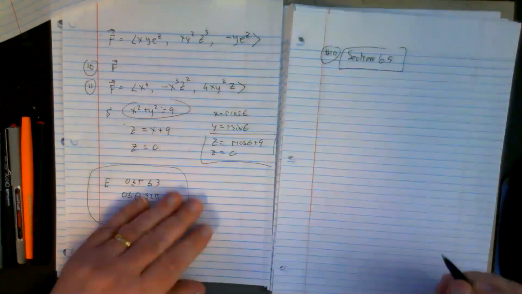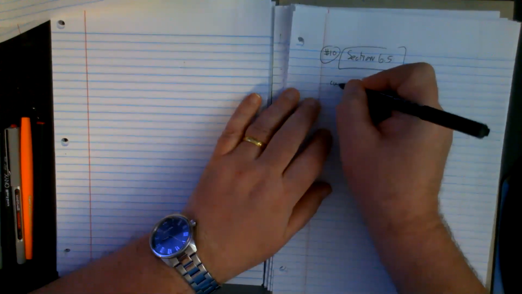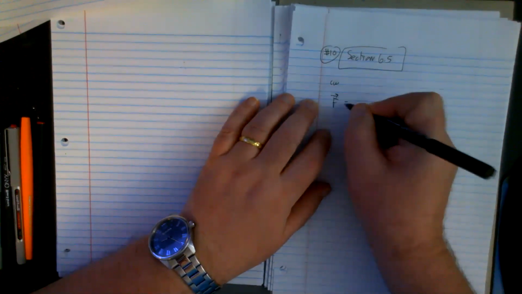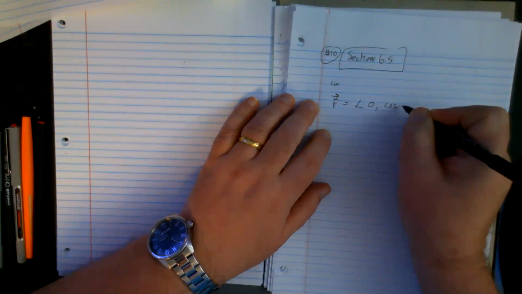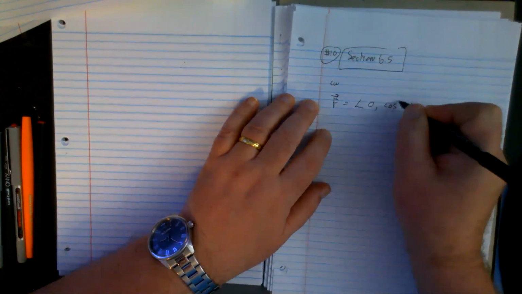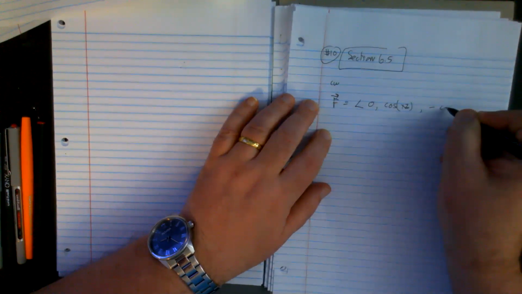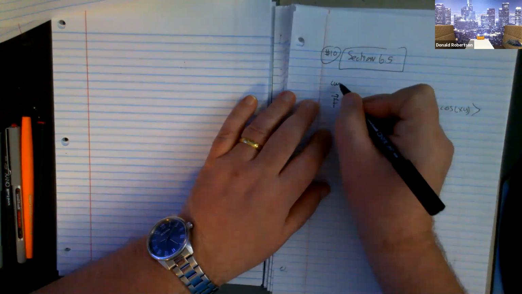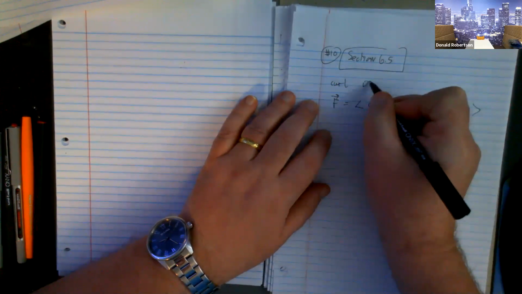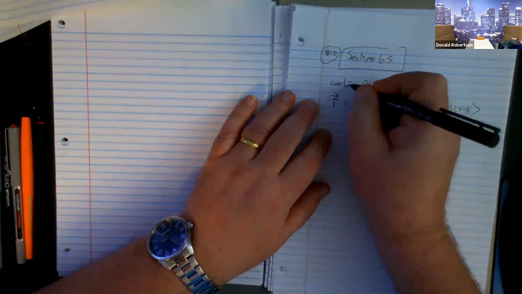Yeah, it's finding the curl and div of f, which is 0, then cosine xz, and then negative cosine xy. Right, guys? So it's a curl and a div? Yep. Of f, of course.